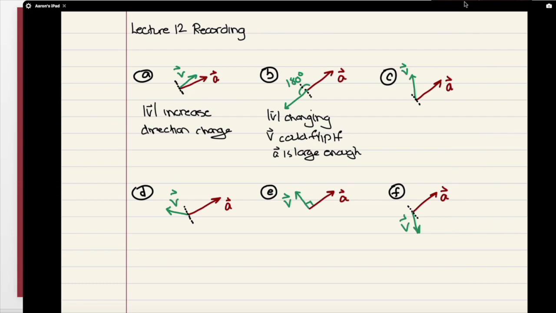All right, C. The velocity vector and the acceleration vector are almost perpendicular to one another, but not quite. The angle between them is less than 90 degrees.